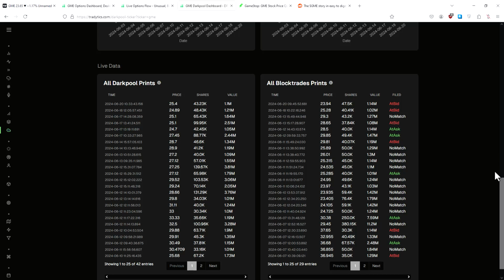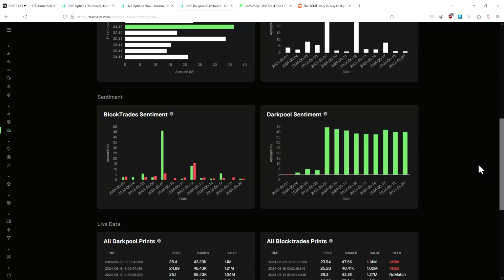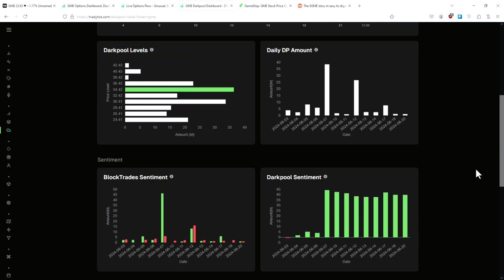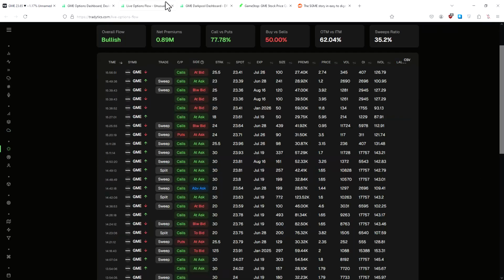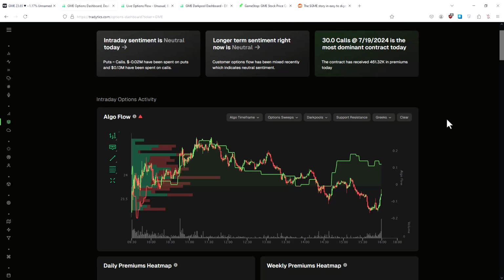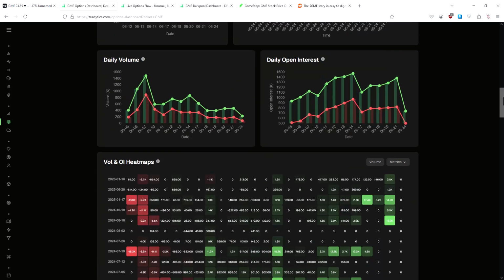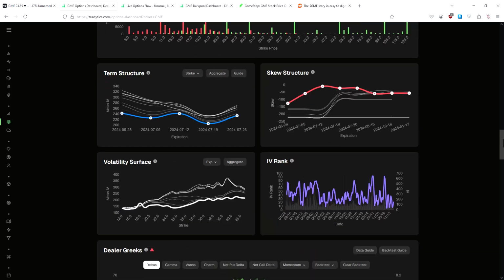Not of any significant value, at least. Again, it is what it is. Right now I would be paying attention, like I said, to it seems like it's tracking the options flow a little bit more recently. So I'd keep an eye on that if you're definitely swinging or day trading.